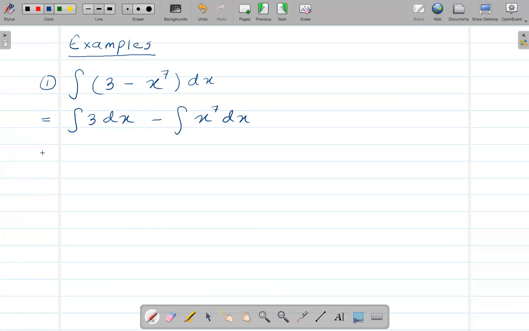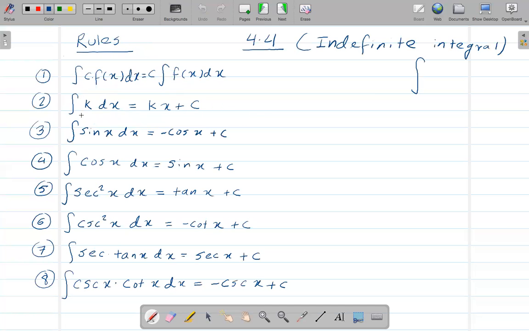Last lecture we had an interval; now we don't, so it's a slightly different approach. Here, when you take the integral of a constant, it will be 3 times x, as I said: the constant times x plus c.